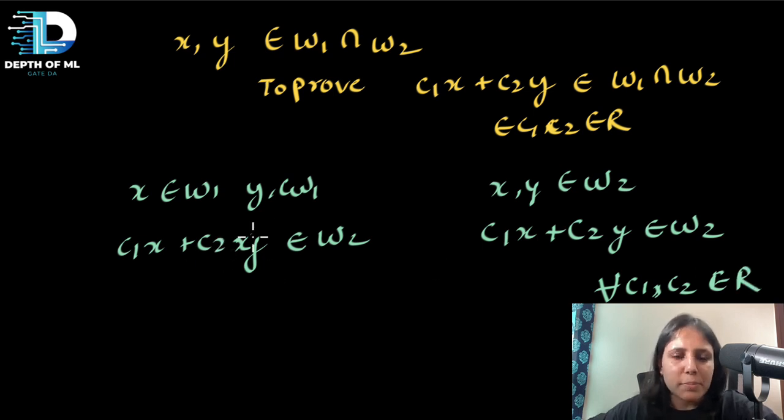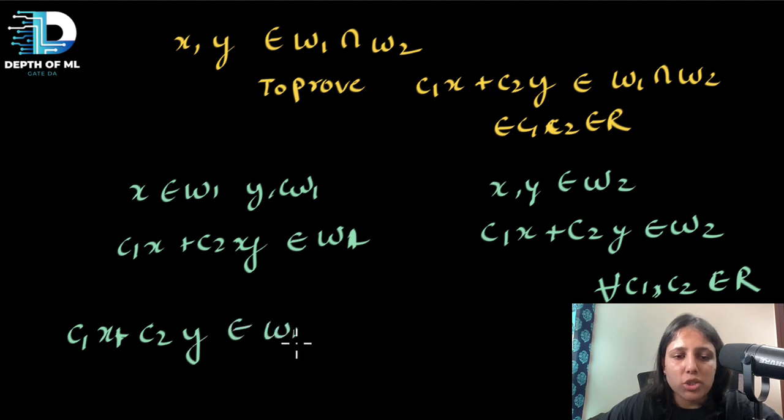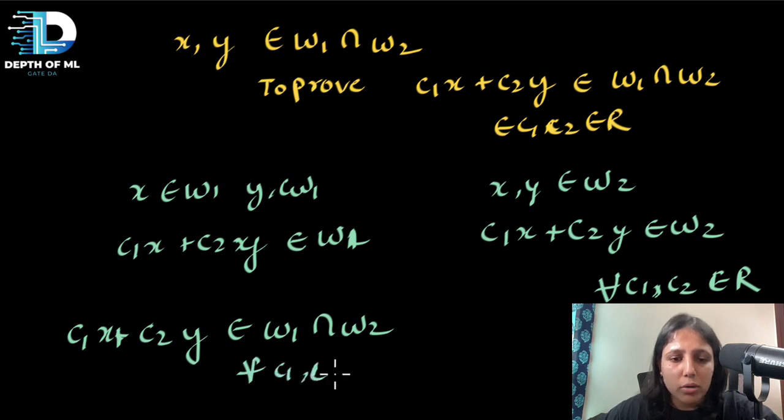Because they are valid subspaces. So if this belongs to W1 and this belongs to W2, then it will belong to the intersection also, right? So C1x plus C2y also belongs to the intersection W1 intersection W2, right?